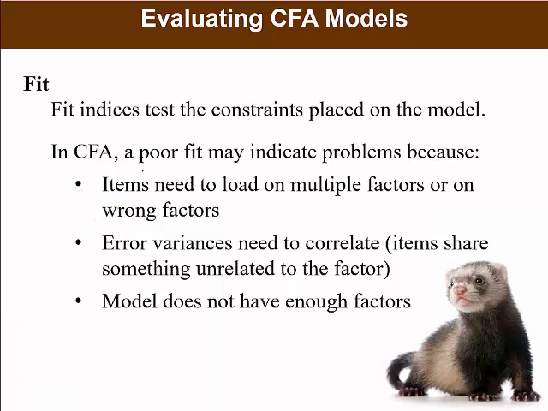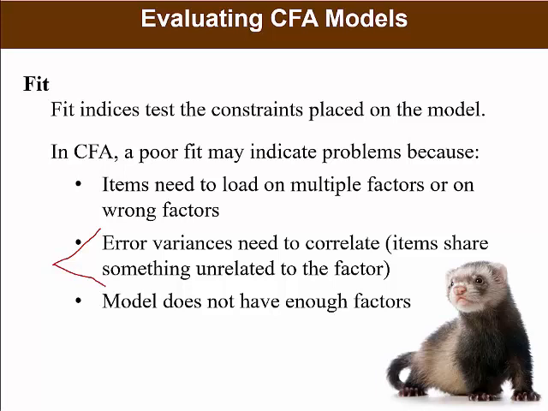It would tell us if we had a poor fit, that's one of the possible reasons that could cause a poor fit. Another thing that could cause a poor fit is if our error variances need to correlate. Recall that when you create a confirmatory factor analysis model, we set all the correlations between our error variances to be zero.